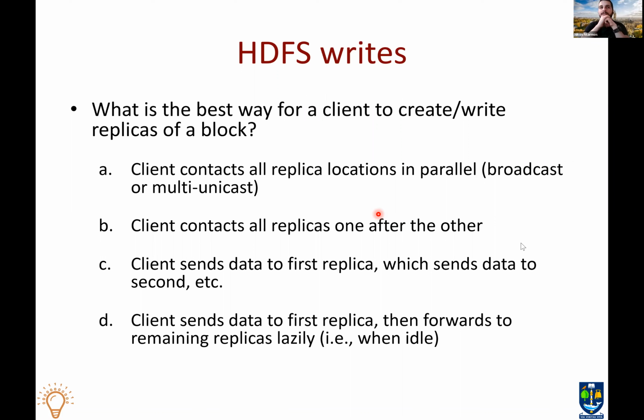A few people have gone for D, so the client sends the data to the first replica and then forwards to the remaining replicas lazily. This seems to be the second most popular option so far, but it has a problem. The problem is, when do you assume that your write has succeeded?